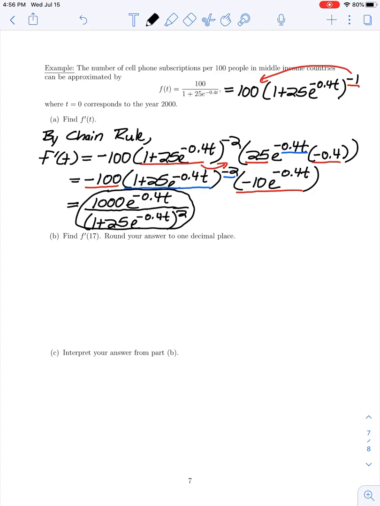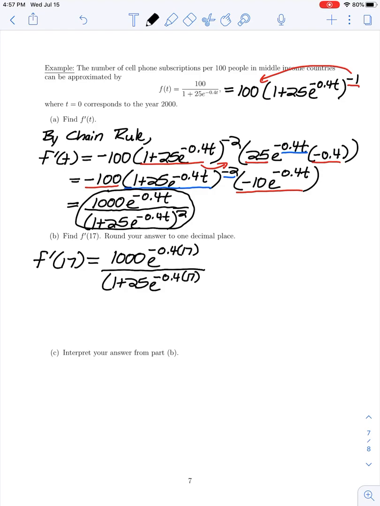Now, in part B, we're asked to find the value of f prime at t equals 17 and then round the answer to 1 decimal place. So using the expression for the derivative that we just found in part A, and evaluating at t equals 17, we have 1,000 e to the negative 0.4 times 17 divided by 1 plus 25 times e to the negative 0.4 times 17 quantity squared.